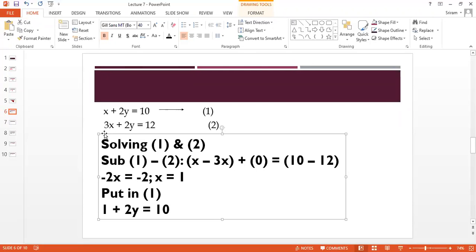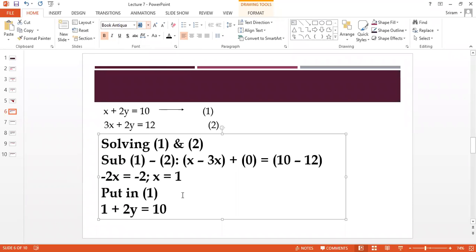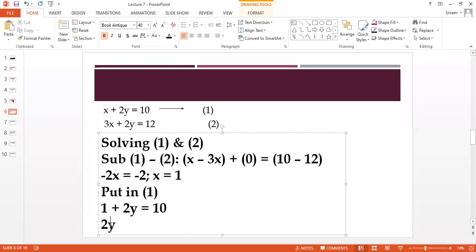Let me change the font. Okay, 1 plus 2y is equal to 10. In place of x in equation 1, I take 1; 2y stays as it is. From this, I am going to find the value of y. 2y is 10 minus 1, which is 9.